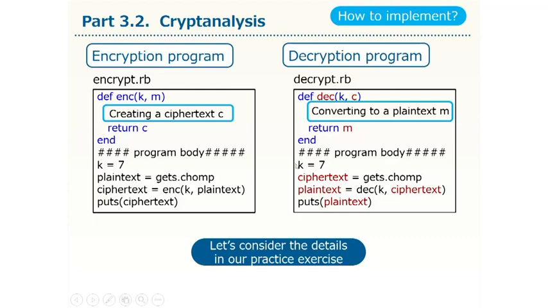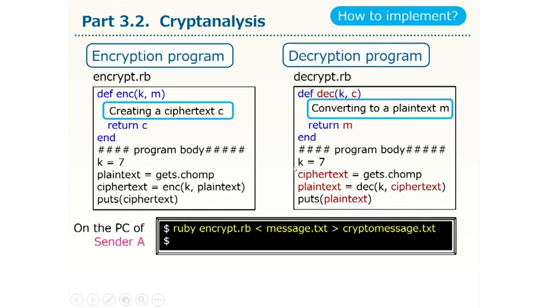Here, let's assume we have these programs. Then we would use them in the following way. First, sender A prepares a source message and keeps it in a file, say message.txt. Then use the program encrypt.rb to create a ciphertext which is kept in a file, say cryptomessage.txt.